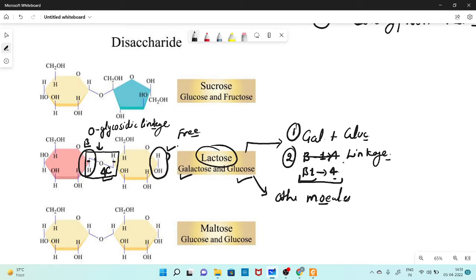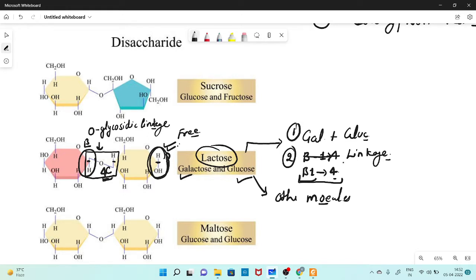Because here the fourth carbon is bonded with the sugar molecule. So the first anomeric carbon here is free to bond with other sugar molecules. This situation is called reducing, when your sugar can react with other sugars, right?